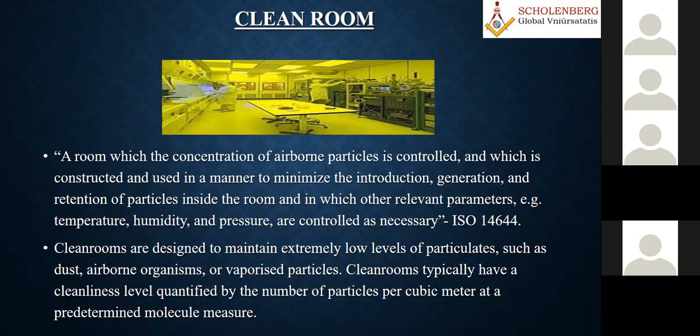The general meaning in the industrial standard: if I say class 100, it means if I take 1 cubic meter of air volume and measure the airborne particles, they should not exceed 100 particles. The size of the particle is also defined, which is approximately less than some microns.